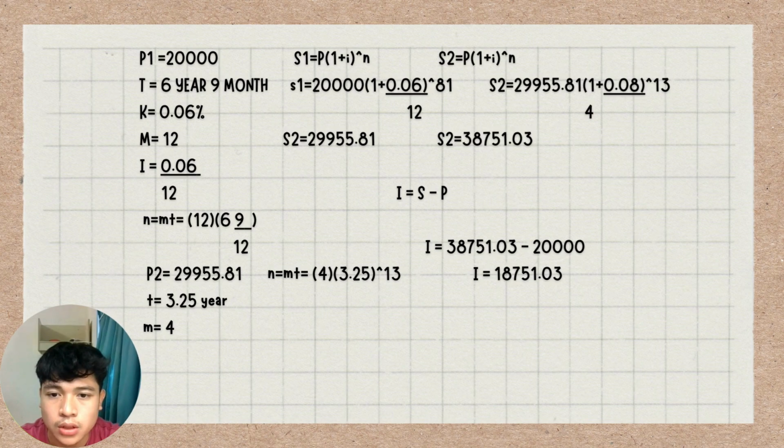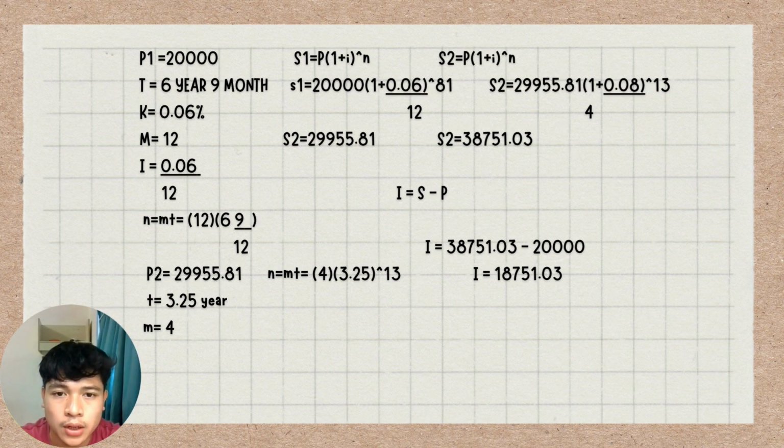For the next period, I'm using the same formula. P2 equal to 29,955.81, T equal to 3.25 years, M equal to 4. N equal to M times T, 4 times 3.25, to the power of 13.